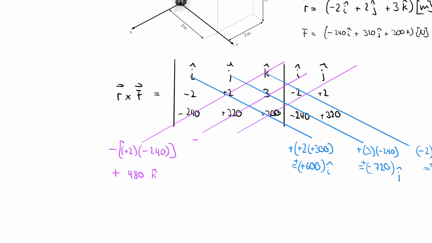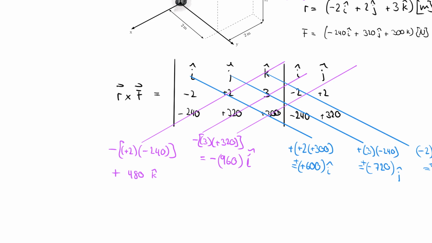We have -3 times +320. And that is equal to -960. And that is actually equal to I hat.